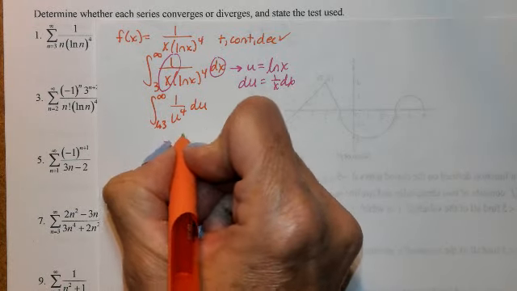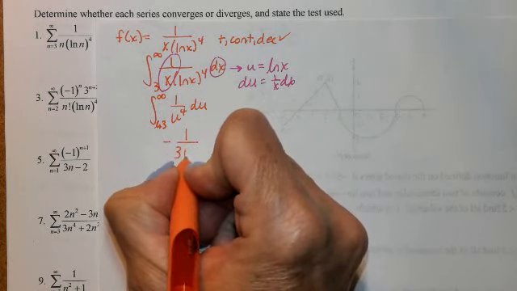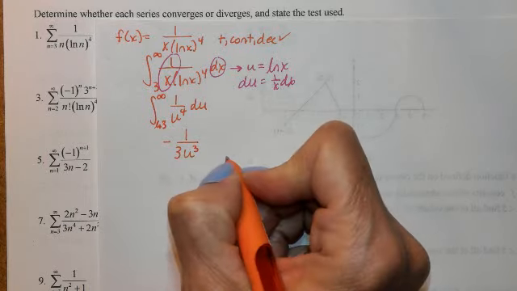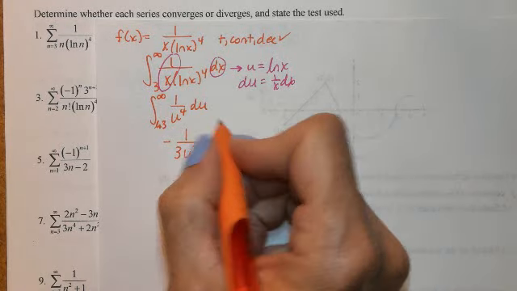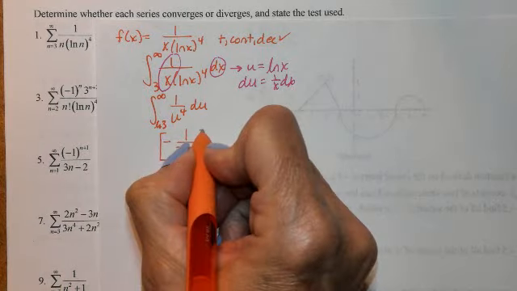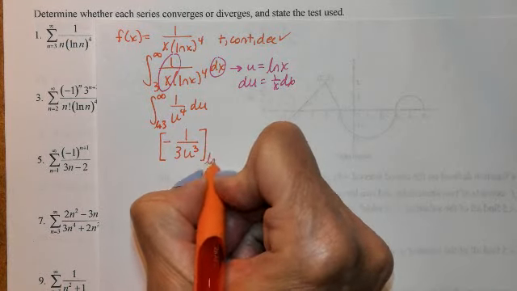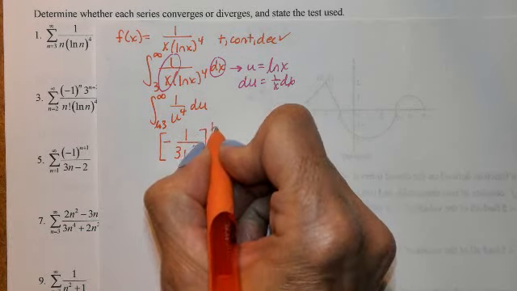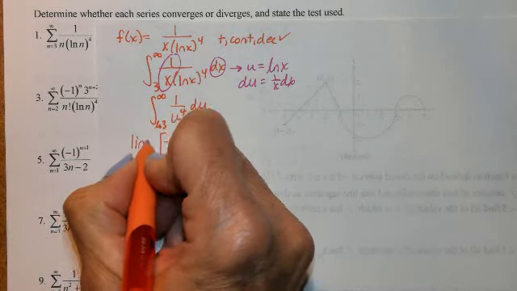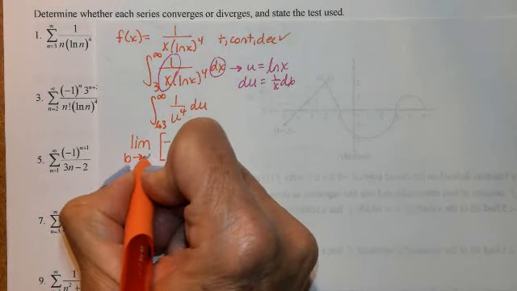So that's negative 1 over 3u cubed. And then we're taking that from natural log of 3 to infinity, but we don't write infinity. Make that a b, and we say limit as b goes to infinity.